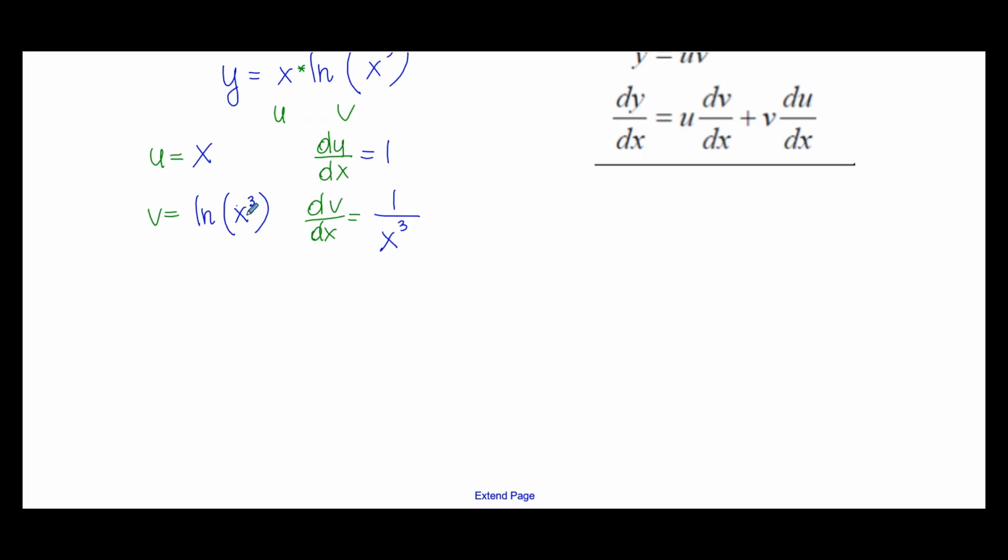However, because I have not just x but x to the power of 3, I have to multiply by the derivative of this bracket. So basically that is the chain rule applied, because I have a function within a function: x to the power of 3 in itself is a very simple cubic function.